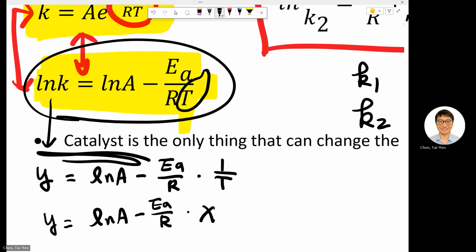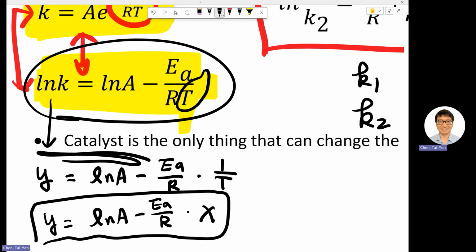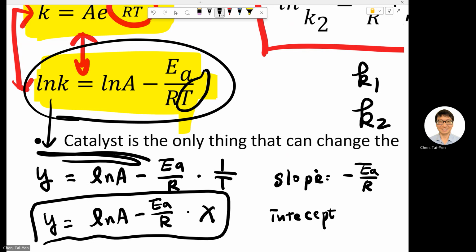This is a linear equation. Your slope is negative EA over R, and your intercept will give you natural log A.